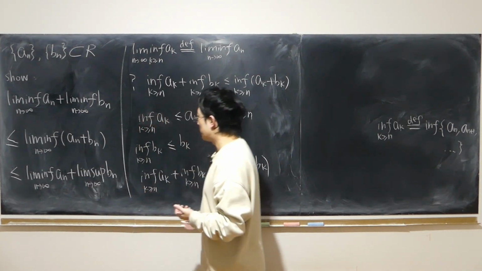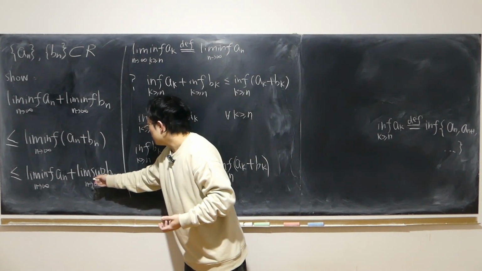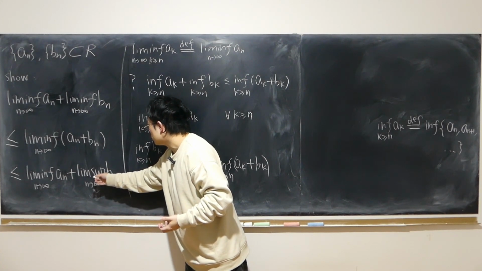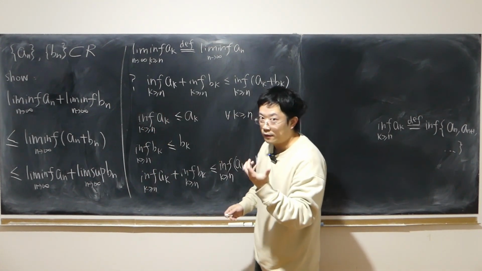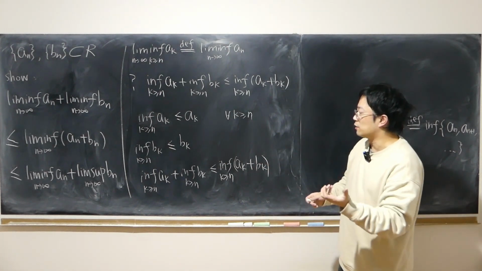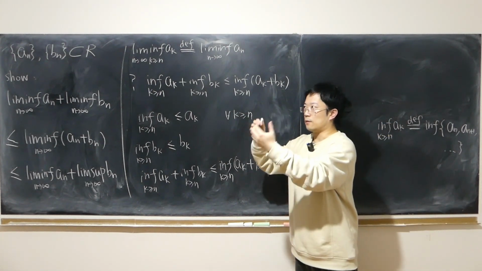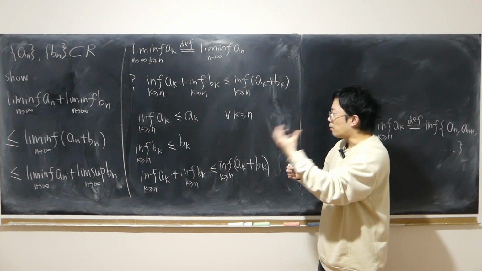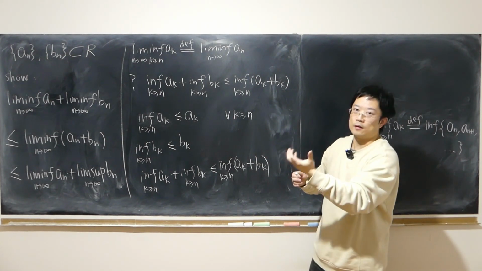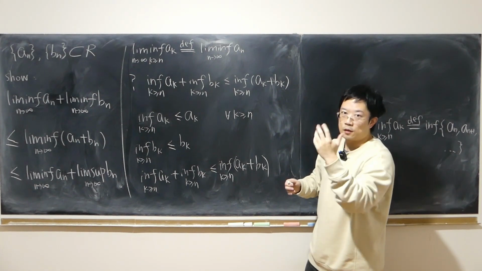Because limsup, can we prove limsup is bigger than or equal to something? I think that's easy, right? Because limsup means the lowest upper bound. It is an upper bound. An upper bound is bigger than or equal to something. It's easy to prove.